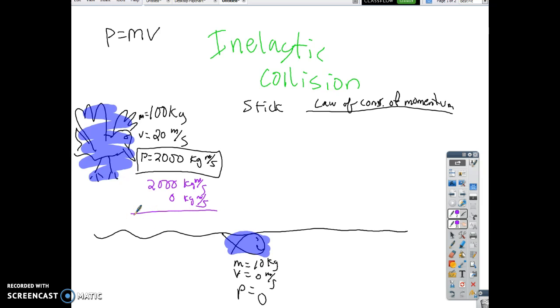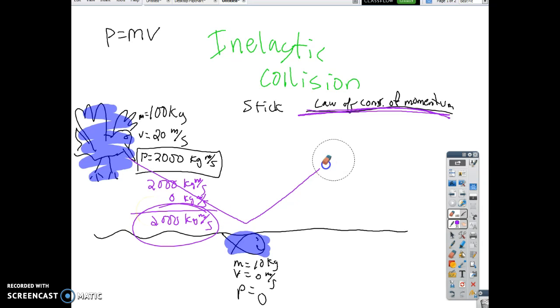So the total is 2,000 kilograms meters per second. That's before. So the law of conservation of momentum says whatever you start with is what you have to end with. So we've started with 2,000 kilograms meters per second with these two objects. After the bird flies down and picks this thing up, the momentum of those two still has to equal 2,000. All right, so that's good information, and therefore we can solve for a few things with that knowledge.